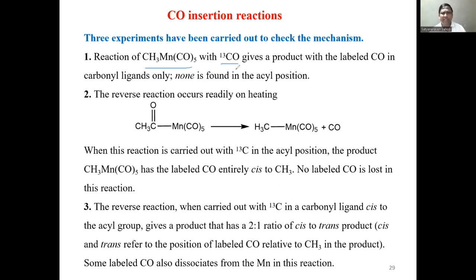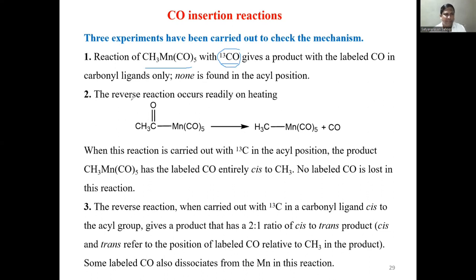This gives a product in which the labeled carbon monoxide is in the carbonyl, not in SL1. So the incoming ligand has the labeling, and none is in the SL position.